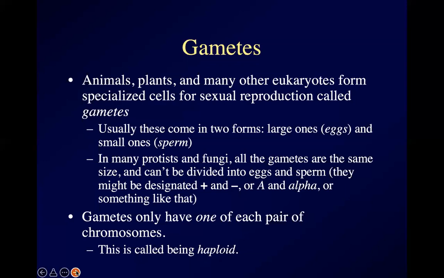And when Mrs. Egg and Mr. Sperm got together, and Mr. Sperm managed to break through the membrane and enter Mrs. Egg, their nuclei combined, and you ended up with a fertilized egg cell that contained 46 chromosomes, 23 of which came from mom and 23 of which came from dad. And when a cell has only one of each pair of chromosomes, we call it being haploid.